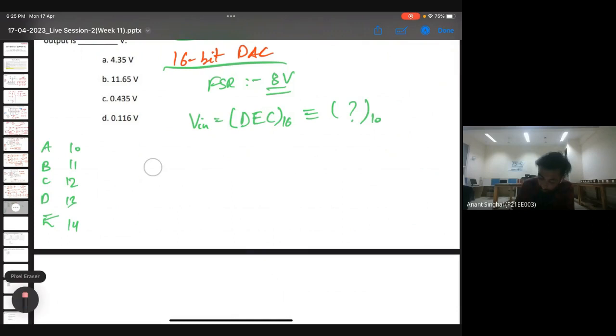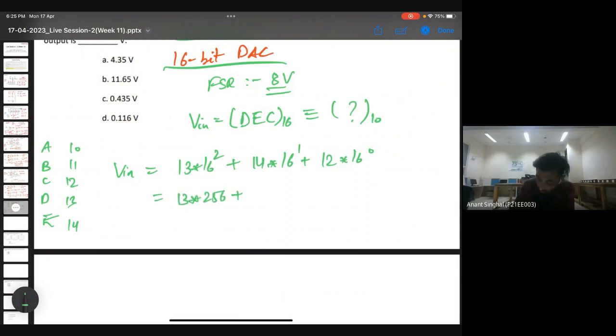So we will have an input which will be D, that is 13 into 16 square, then E is 14 into 16, and then C is 12 into 16 to the power 0. So 13 into 256 plus 14 into 16 and then 12 into 1.